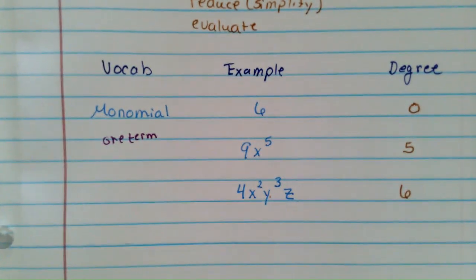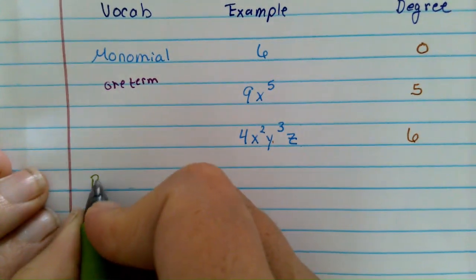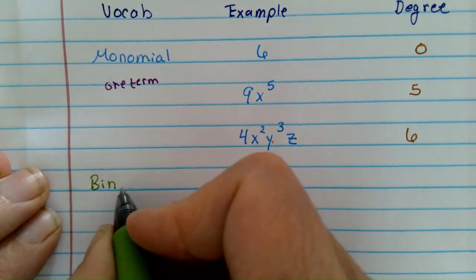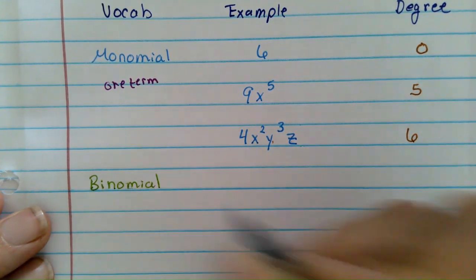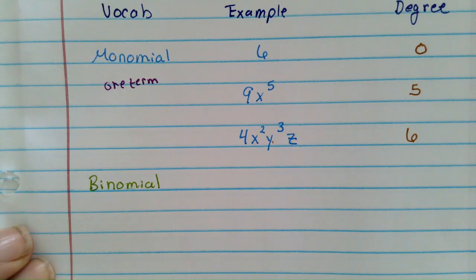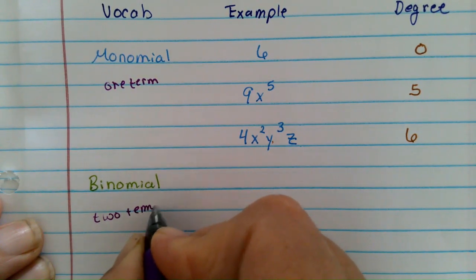Okay, so our next vocab word is going to be binomial. I'm sure you've heard of binomial or something with a prefix of bi before. Think of bicycle. Bi is a prefix for 2. So these are going to have 2 terms.